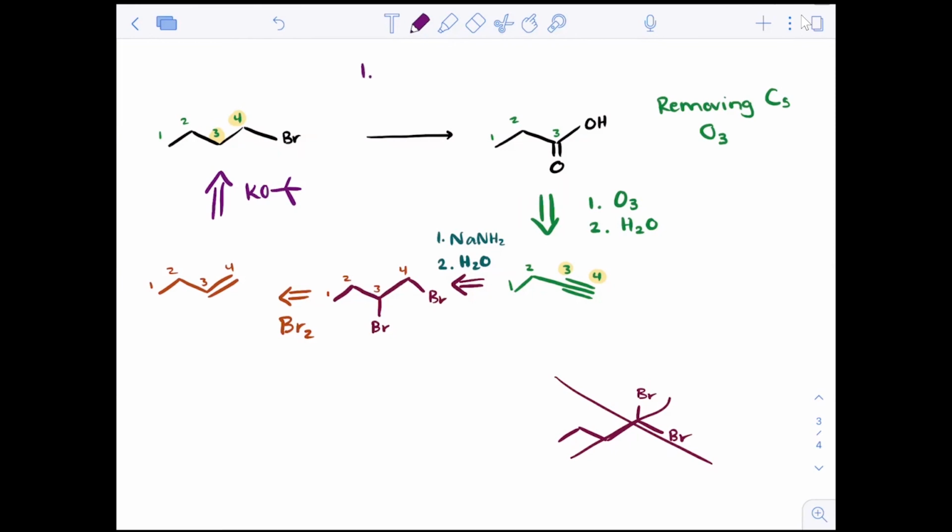Thinking about it overall, we need an E2 reaction to make our alkene. Then we add 2 bromines onto that alkene, so we have 2 leaving groups. We can take that alkene and make it a triple bond. Terminal alkyne, so you need to reprotonate in the double elimination. And then final step, ozonolysis. Chop that triple bond up and make it a carboxylic acid.